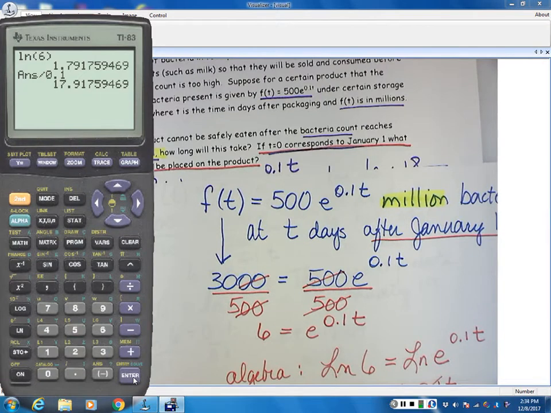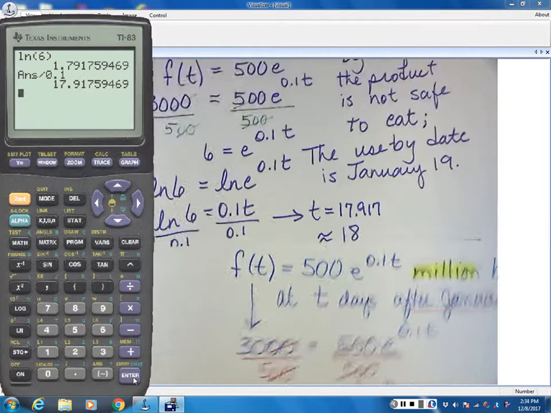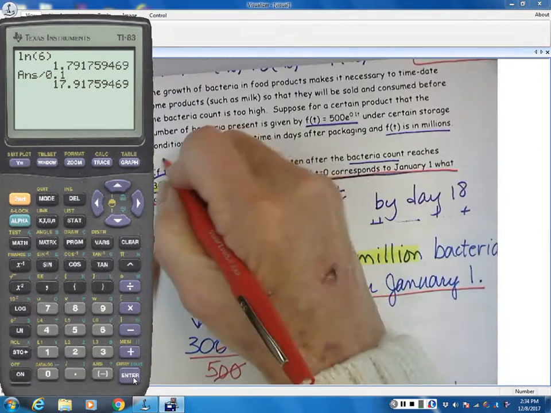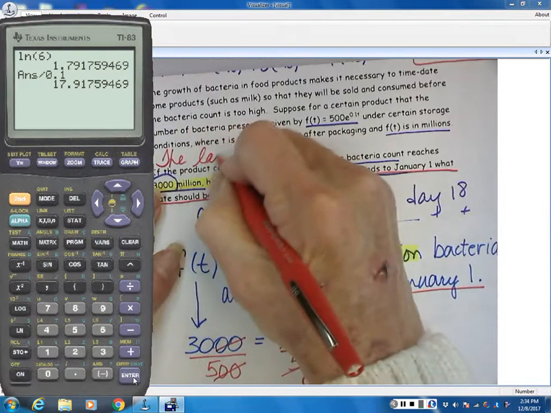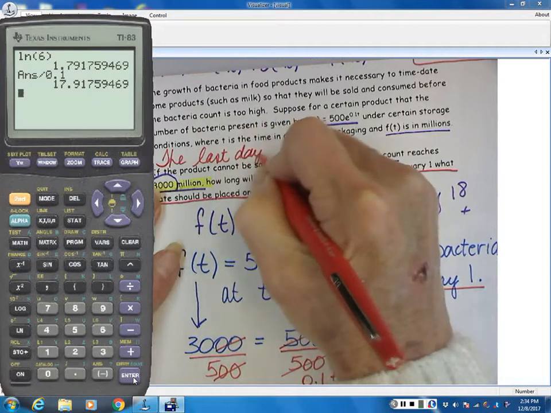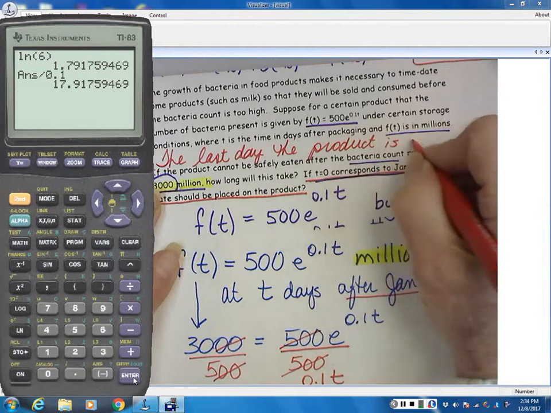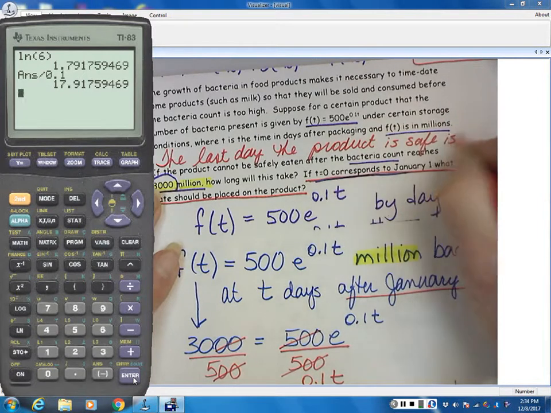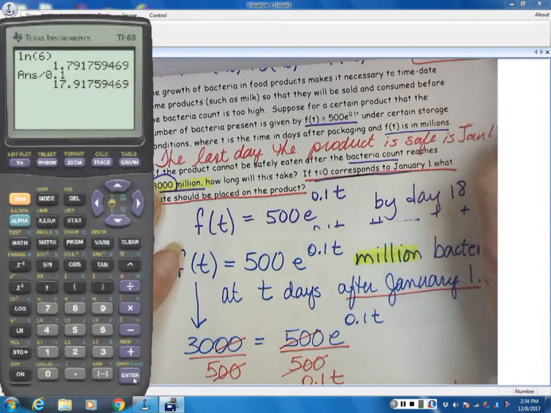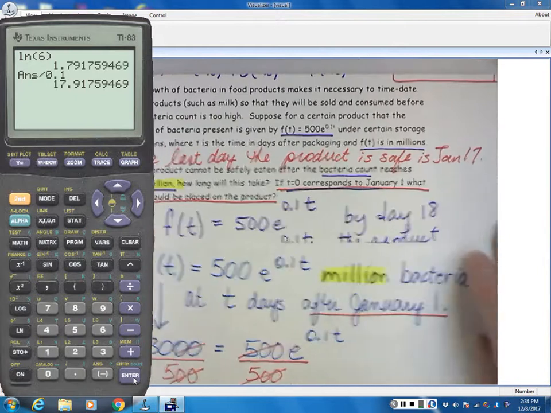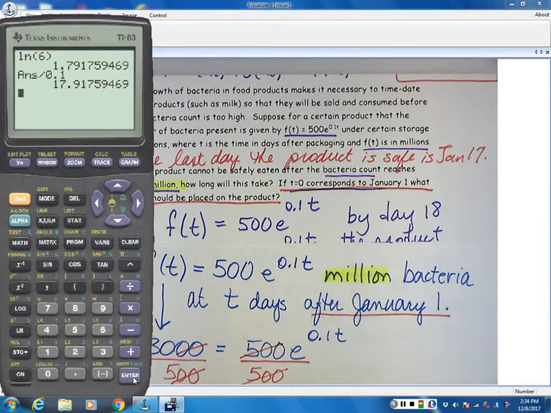That's the last day you should use it. Okay? So even though January 18th is the day it exceeds, you don't want to put the date that it exceeds on there. You want to put on there the date that it's still safe. Okay?